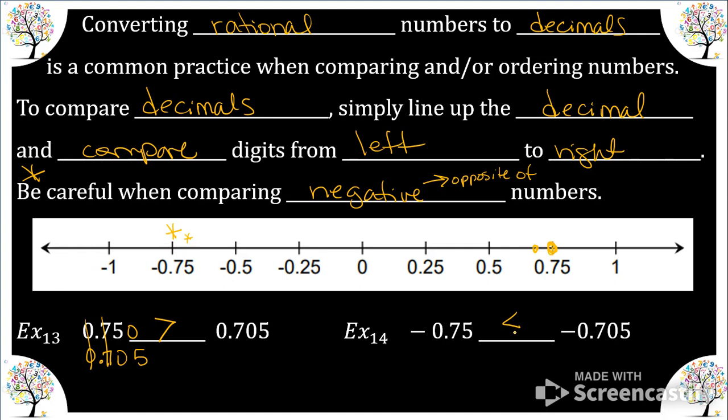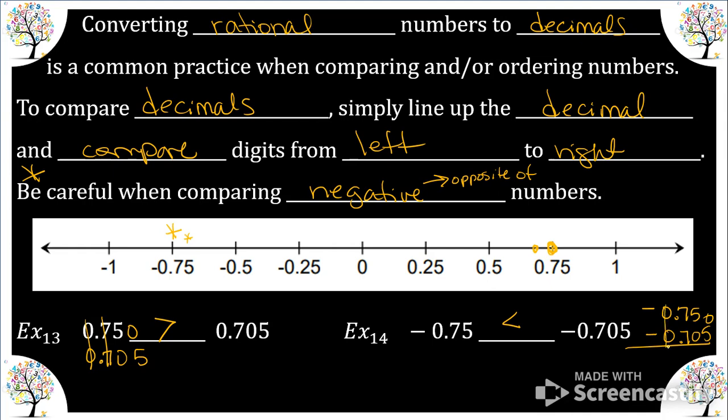Okay, now let's see how we can do this when we don't have a number line. So again, we're going to go from left to right. So we're comparing negatives. I'm going to show you two different ways you can think about this.